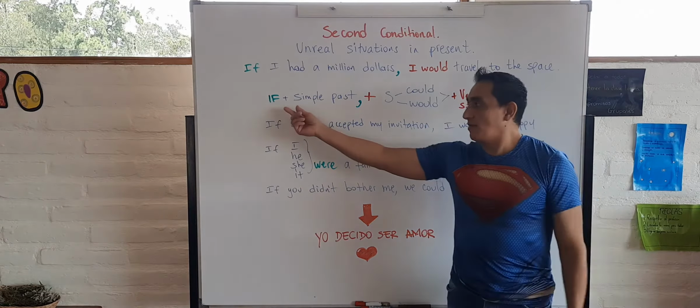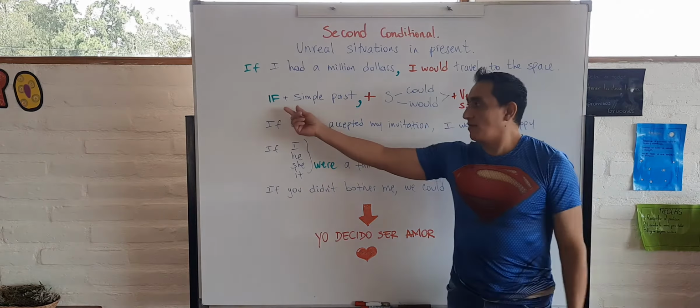Alright, so let's see one example. If Sylvia accepted my invitation, I would be happy. Yeah, if Sylvia accepted my invitation, I would be happy. So what is the real situation? I don't know what to do. Yeah, so you understand the idea, right?